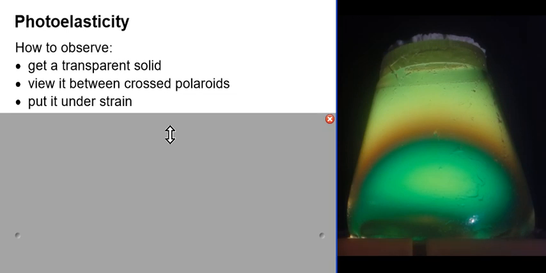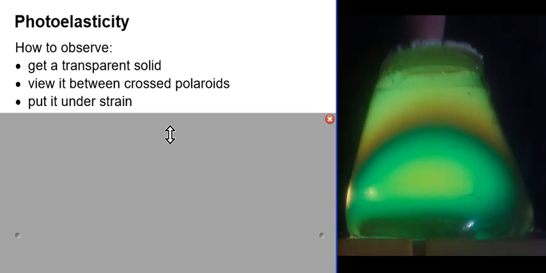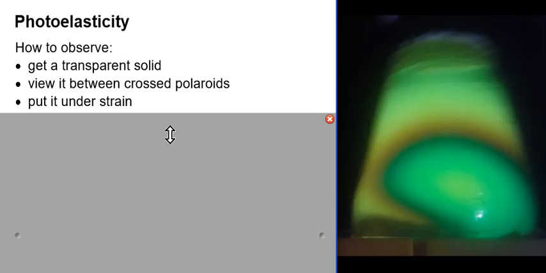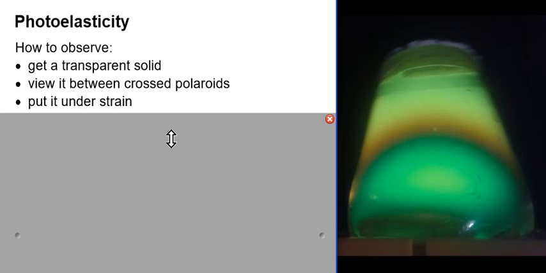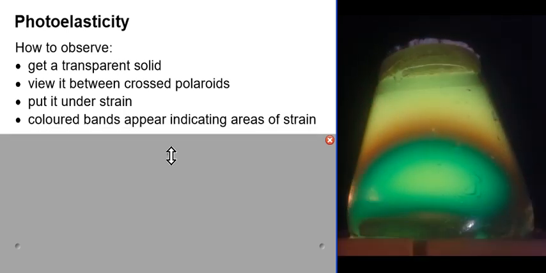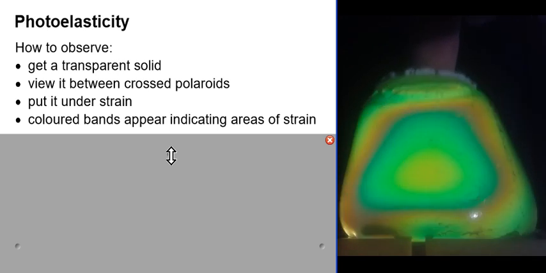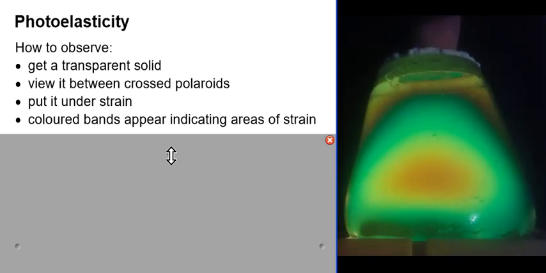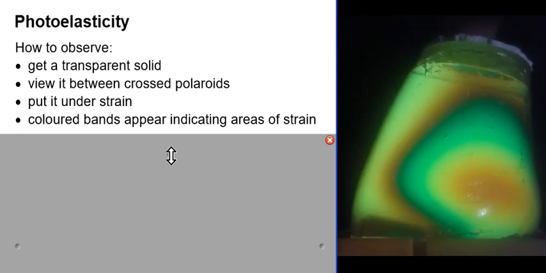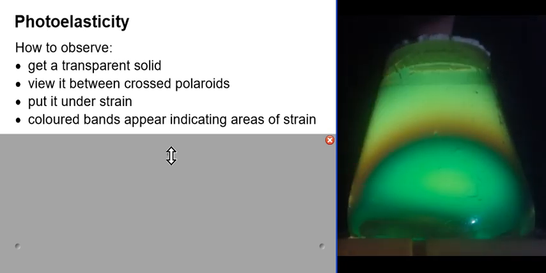You need to deform the object so that it's under strain, so I can deform this jelly by bending it from side to side or whatever. And you see these coloured bands, and these coloured bands actually indicate areas that are under strain, and I guess the closer together the coloured bands are, the greater the strain is.